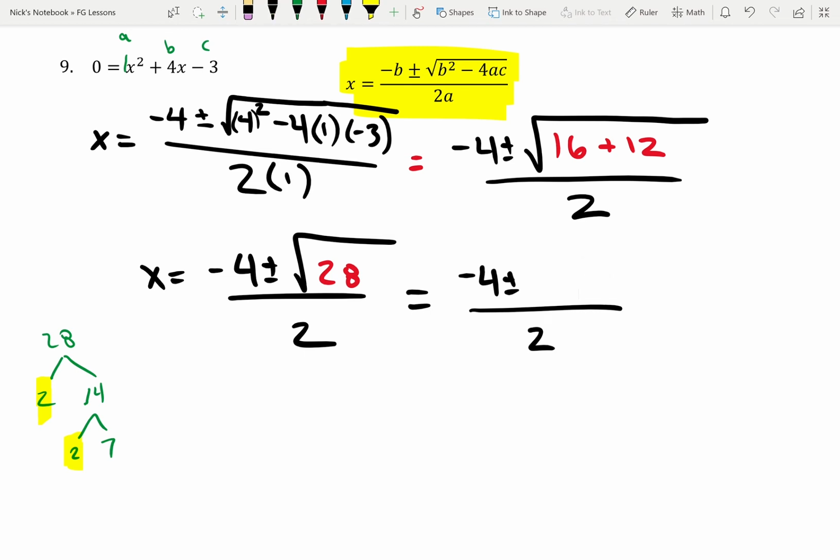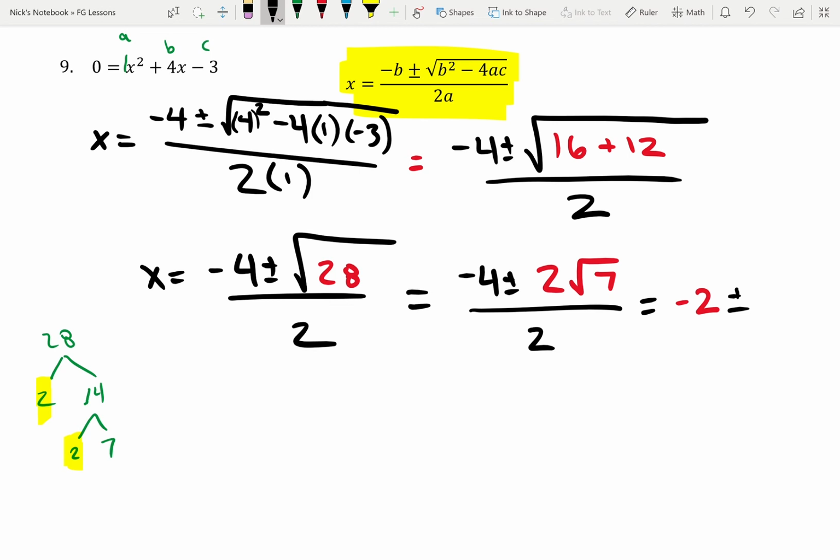Let me put this in red since that's what we changed. Now let's see if we can simplify. We are dividing by 2, so we can divide 4 by 2 and we can divide 2 by 2. Negative 4 divided by 2 is negative 2, plus or minus 2 divided by 2, which is just 1.